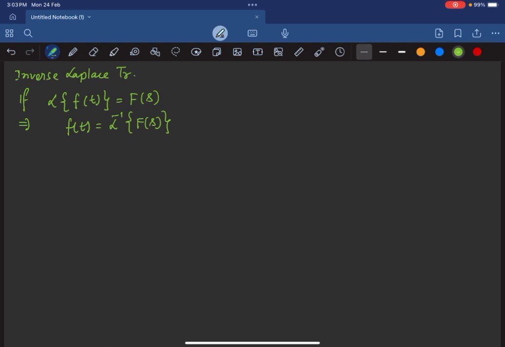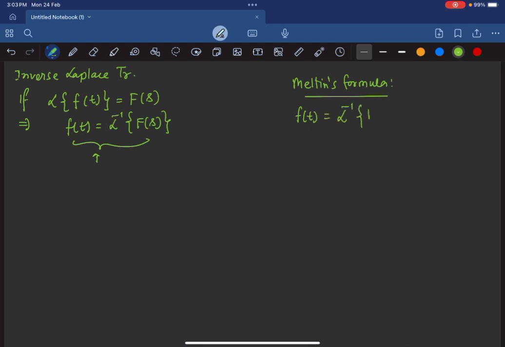Now there is one formula known as Milne's formula, the essential formula to obtain the inverse Laplace transform. This is the basic understanding of inverse Laplace, but Milne's inversion formula is involved with it.